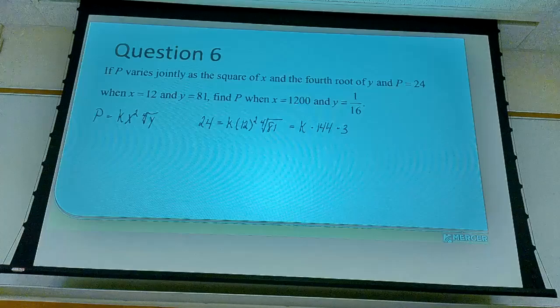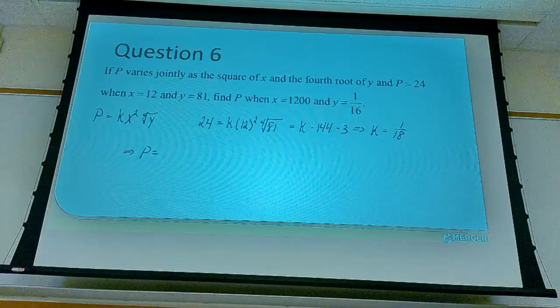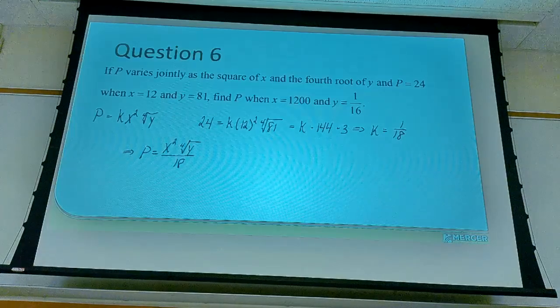So you get 1 over 2 times 3 squared, which is 18, 2 times 9. That's what k is.